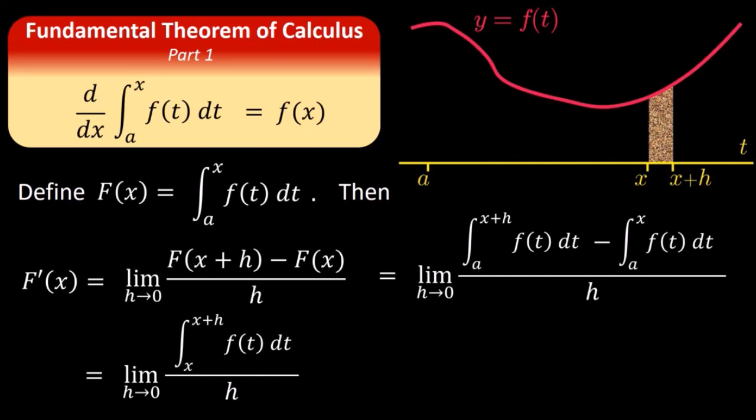So what's the area of this strip? That's the question. Well, of course, the width of the strip is h. But what's the height? Well, you could use the height on the left or the height on the right, f of x or f of x plus h, or use something in between. Now, this is a lot like taking Riemann sums, where you ask, do you take a left Riemann sum, a right Riemann sum, a midpoint Riemann sum?